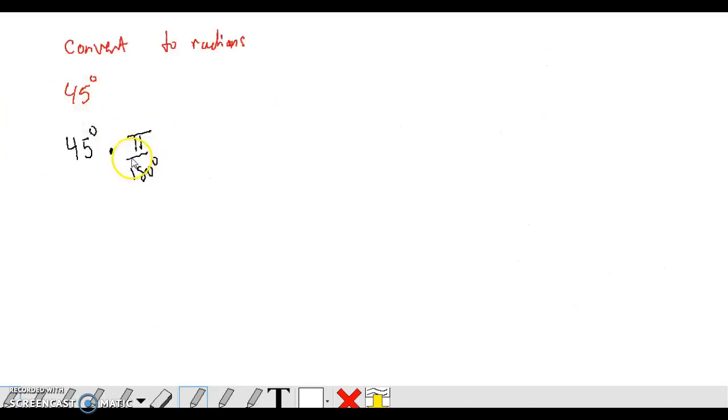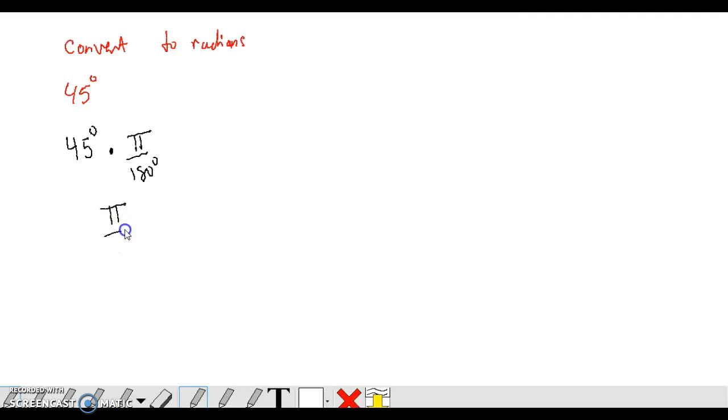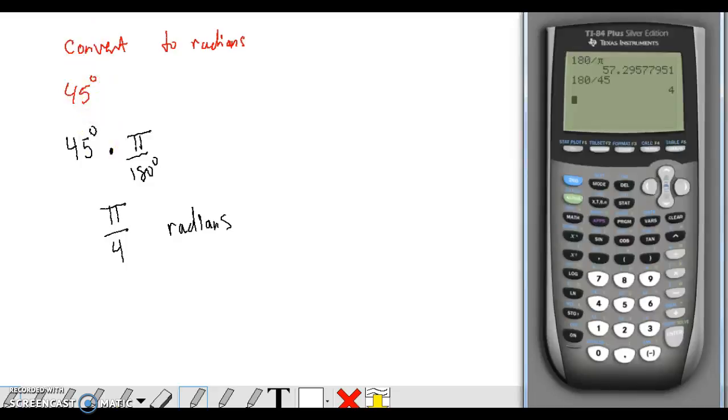Okay, so 45 goes into 180. It should go in 4 times, but let's double check. And it does. So this means that we are going to get pi over 4. So pi over 4 is my radians, and 45 degrees is my degrees. Now, we said that 1 radian is equal to 57.3.